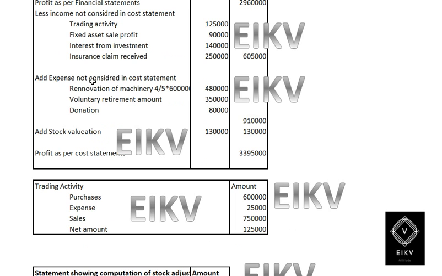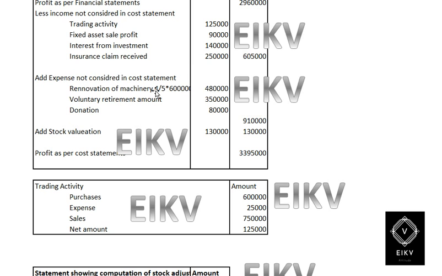After that we have some of the expenses which form part of financial statement but will not form part of cost statement. So such expenses should be added back to arrive at costing profit and loss. Some of those expenses are the voluntary retirement amount, then donation. Then we have renovation of machinery. So over here, total renovation cost of the machinery is 6 lakh. The entire amount is taken for the P&L account.